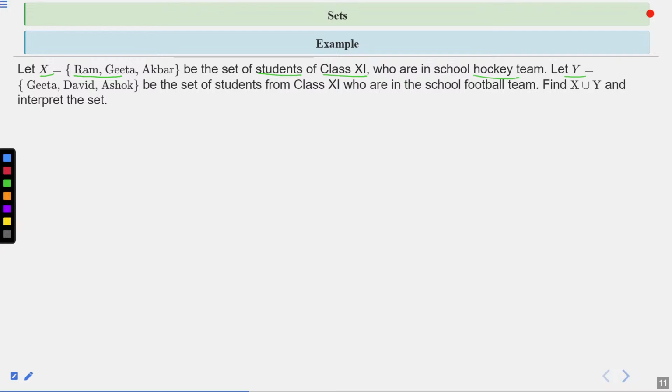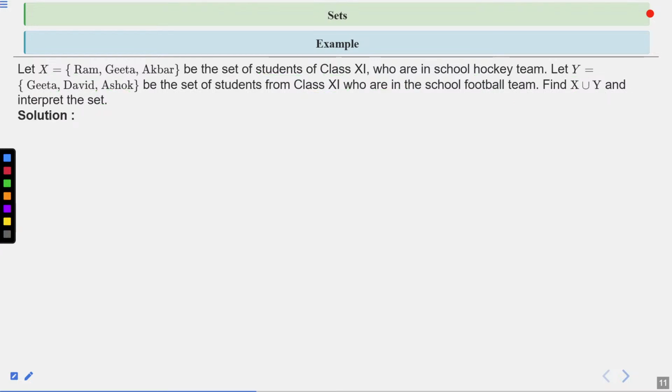Now another set Y, a collection of 3 students: Geeta, David, Ashok, and these 3 students are in the football team. Obviously they are also from class 11th. Now you have to find out the union set X union Y and interpret the set, what it actually means, what set it gives to us. You have to interpret it.